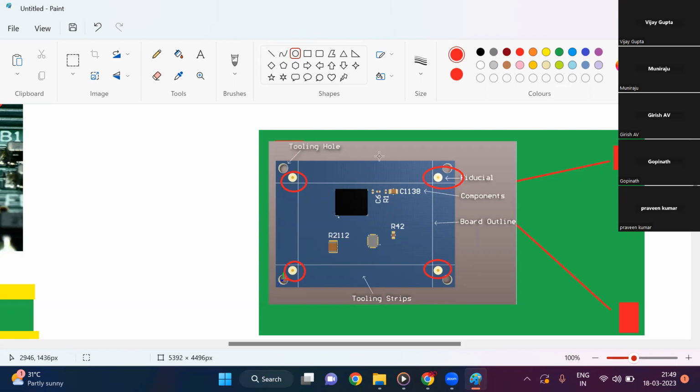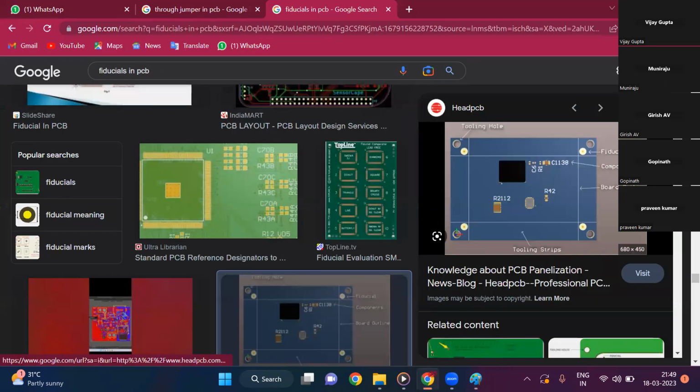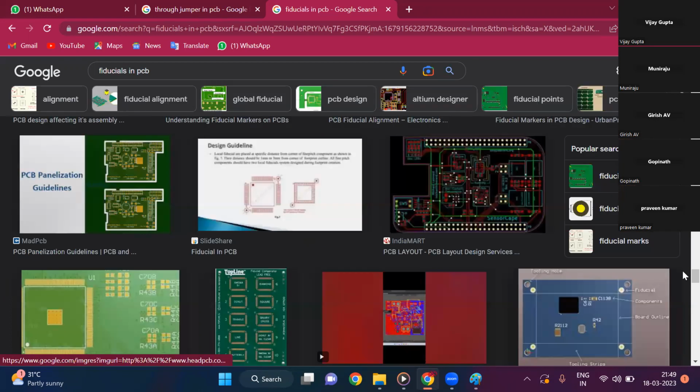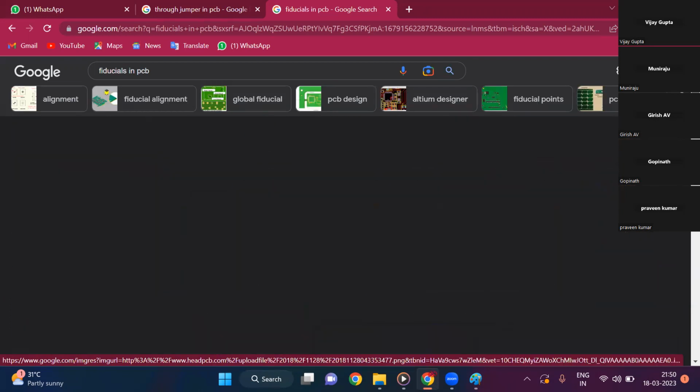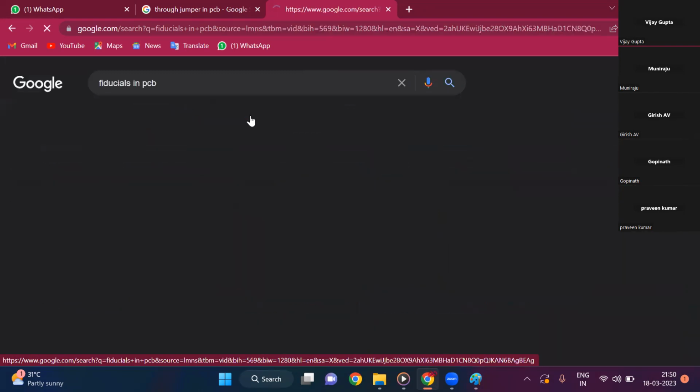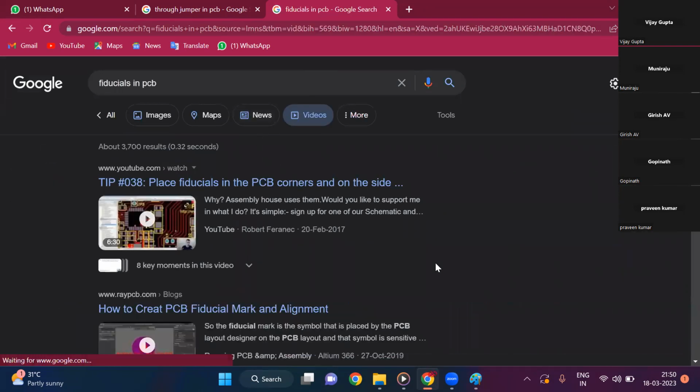The three reference points, three fiducials required. Minimum three, maximum four. Okay. So let me show some video visuals of how they are using it.